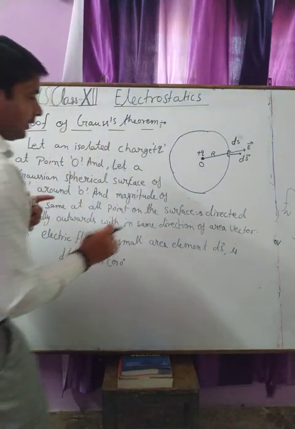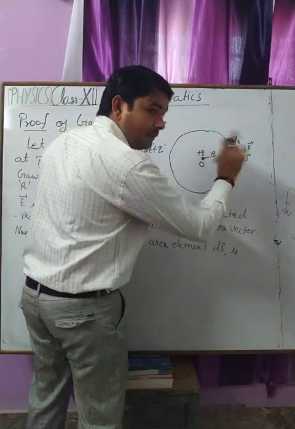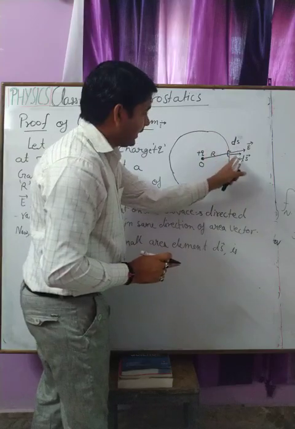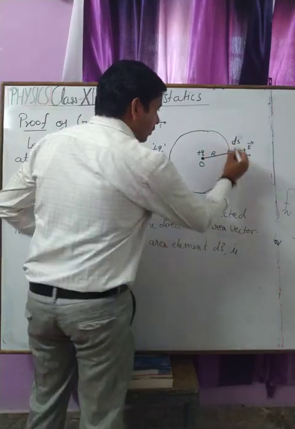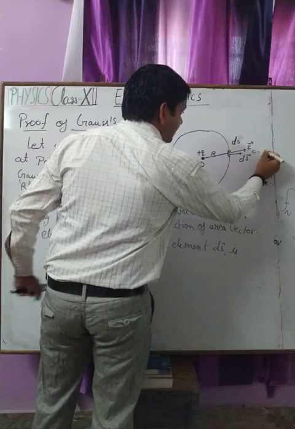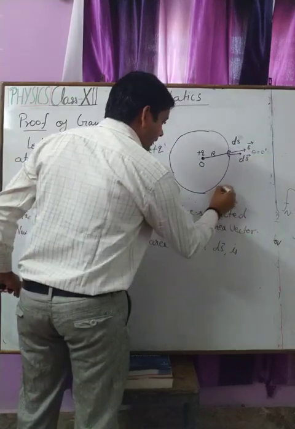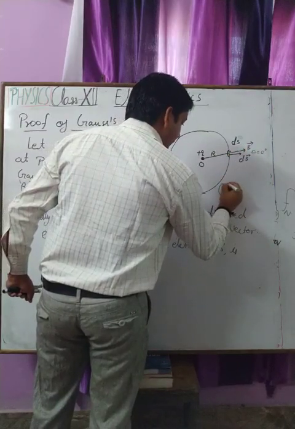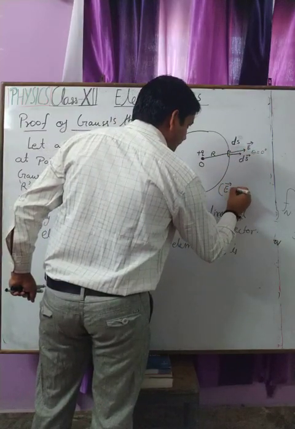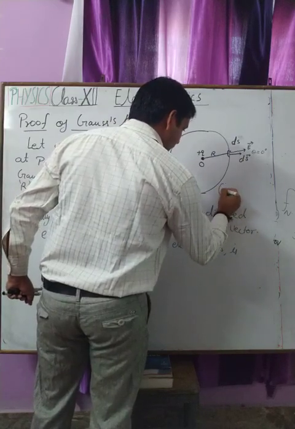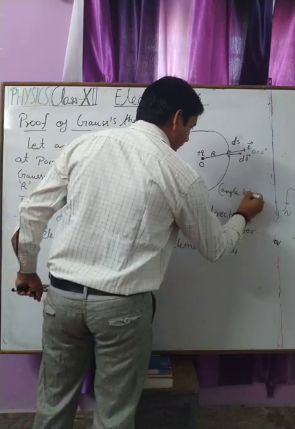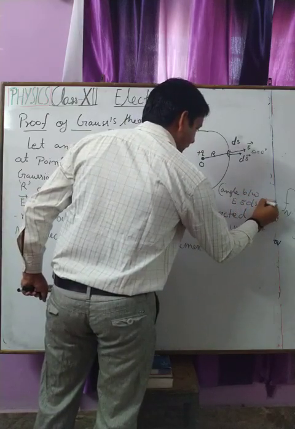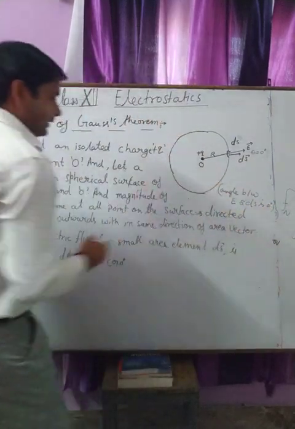Why are we taking 0 degree? Because both the electric field and the area element on the surface are radially outward, so the angle between both is 0 degree. I am telling you the angle between E and dS is 0 degree for this case.